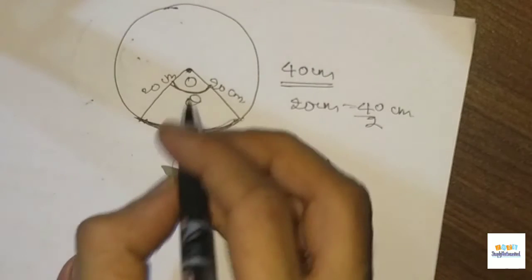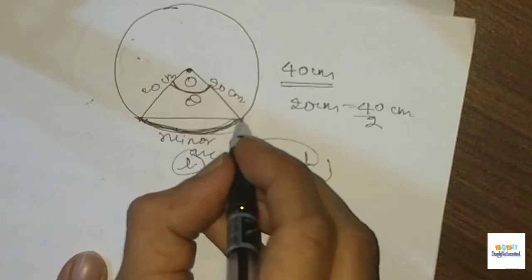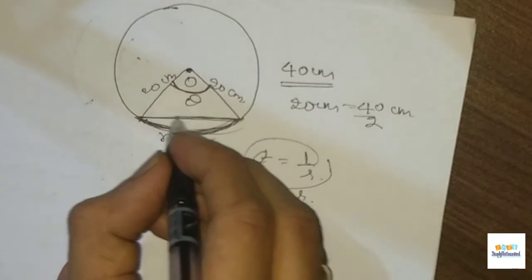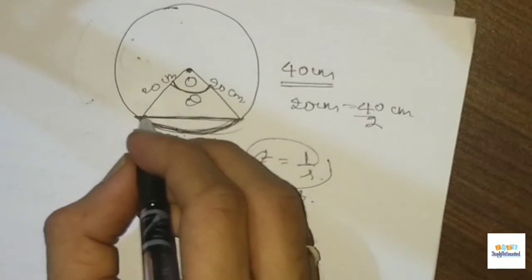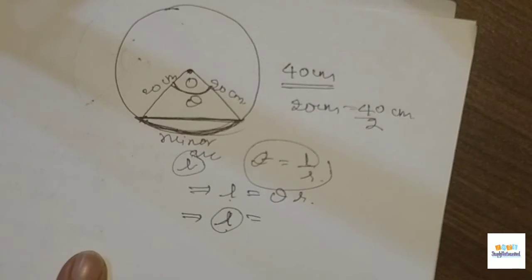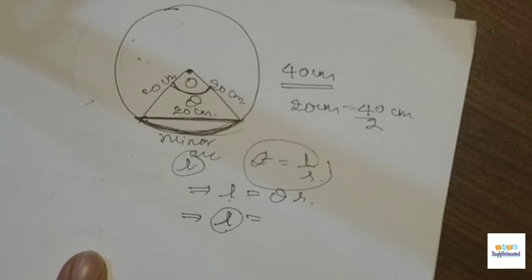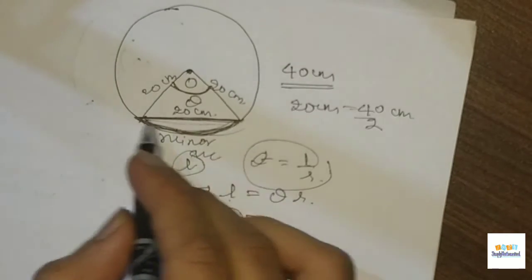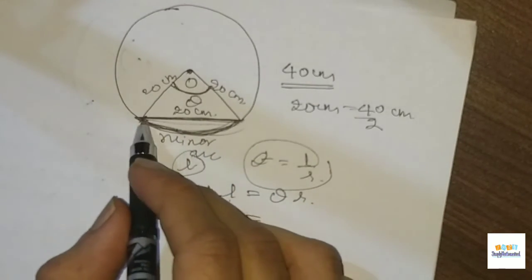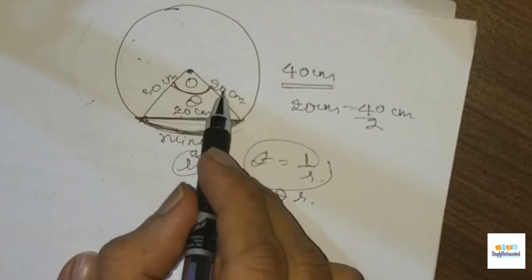See, this is 20 and there is a chord, which we have not taken yet. The chord is drawn here, because they have given that there is a chord with length 20 centimeter. They are not telling where the chord is, but you have to know that the chord is here, between these two radii. So what do you get? 20 centimeter, 20 centimeter, 20 centimeter.